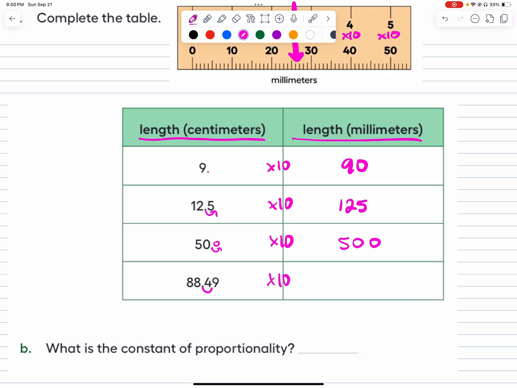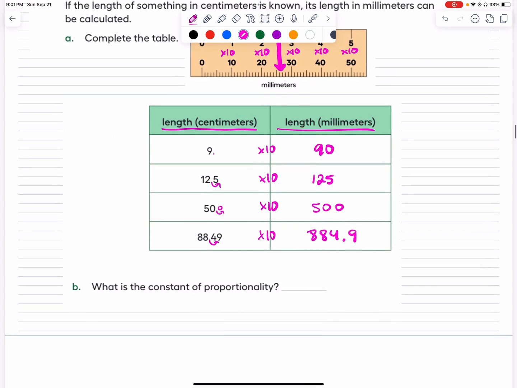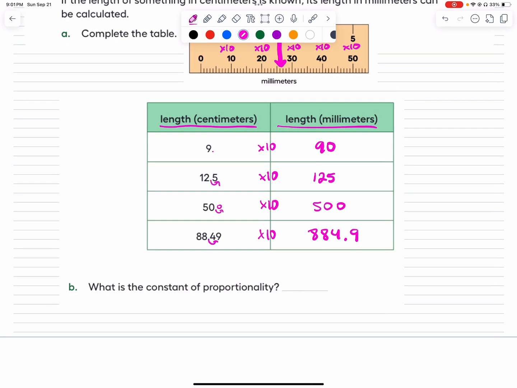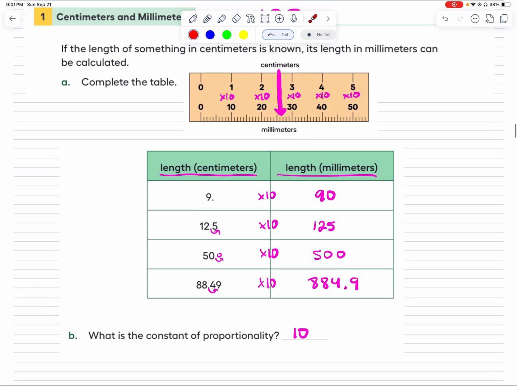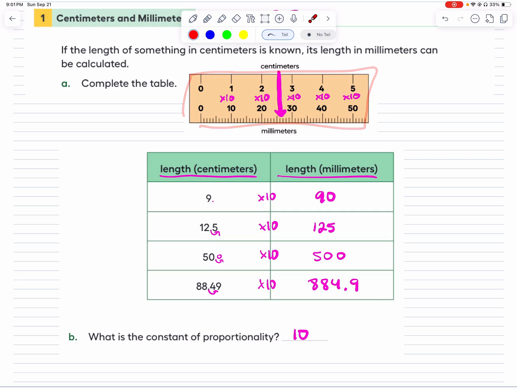You move it once to the right, one times 10, and you have 800, oh, 884.9. There you go. So for this table, we have a constant of proportionality of 10. It's multiplying by 10. And we know that because we could see that here on our ruler. Our unit rate was 10, and that's literally the same as the constant of proportionality.